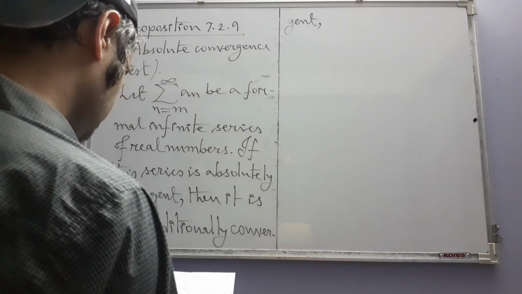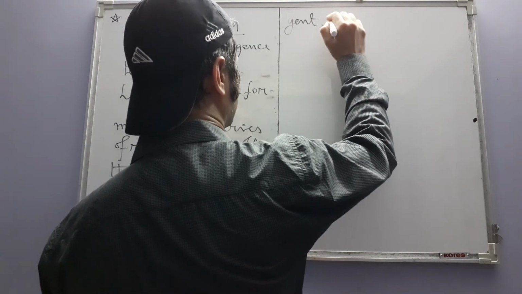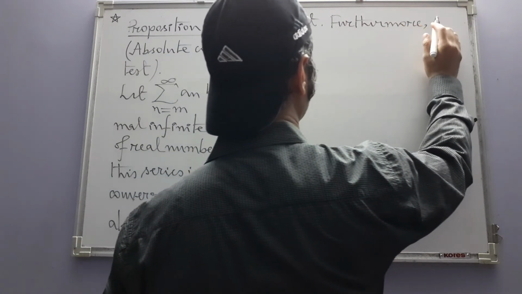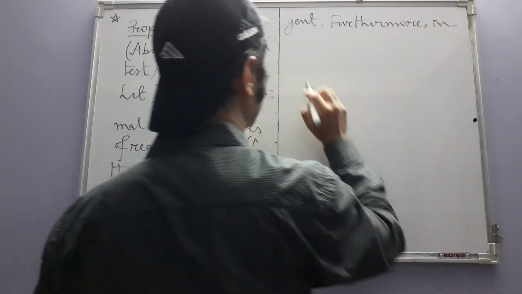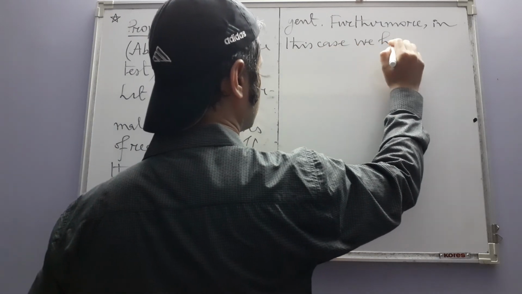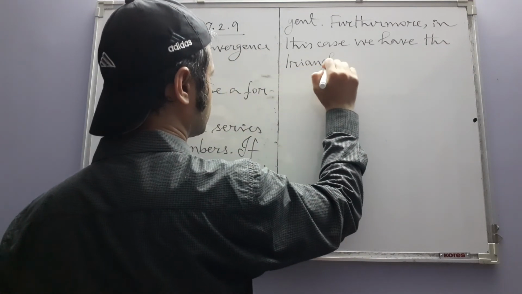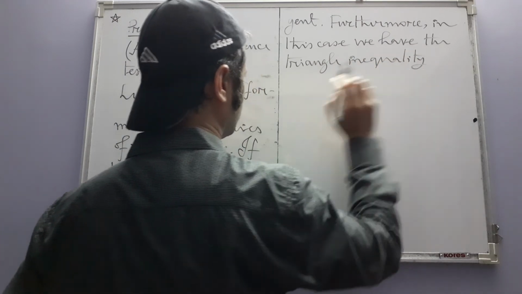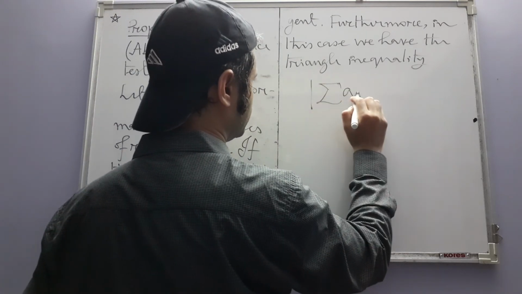And furthermore, in another line, in this case we have the triangle inequality. We are calling this next thing the triangle inequality because it looks like the ordinary triangle inequality.